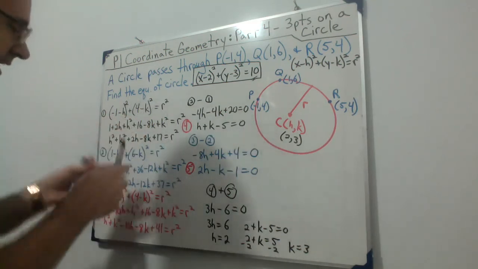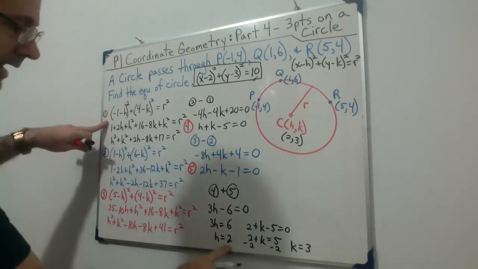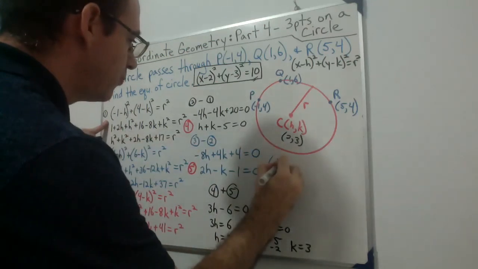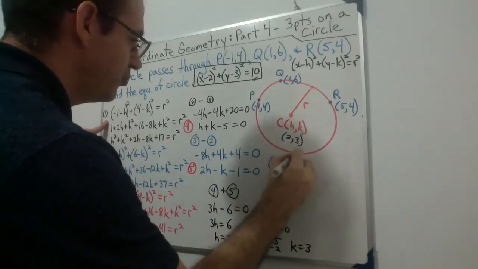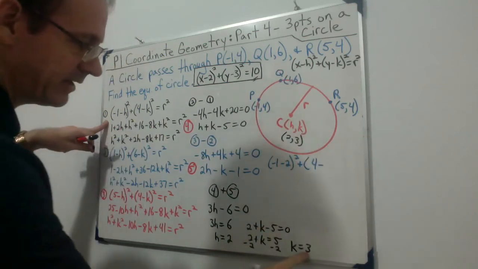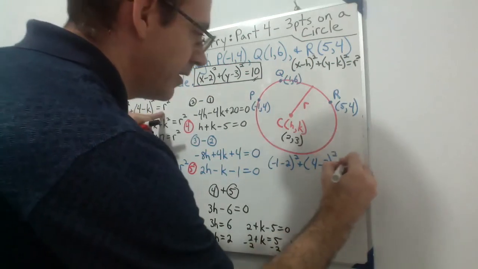So let's just take our equation number 1 here, and our h is 2. So we have negative 1 minus 2 squared plus 4 minus the k, which is 3, squared equals r squared.